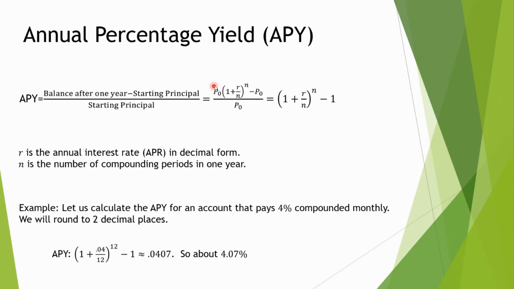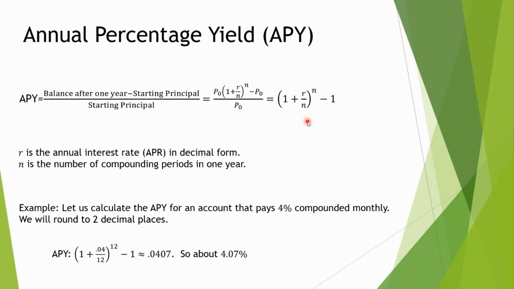And here they actually plug in the formula, right? And then algebraically, P sub 0 cancels and you're left with this. So the formula itself is not that bad. What's really interesting is notice that P sub 0 does not come into play. The only factors that do are R, the APR, and N, how many compounding periods there are in a year.